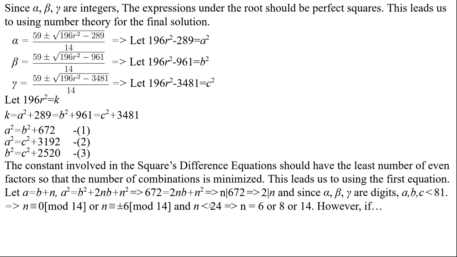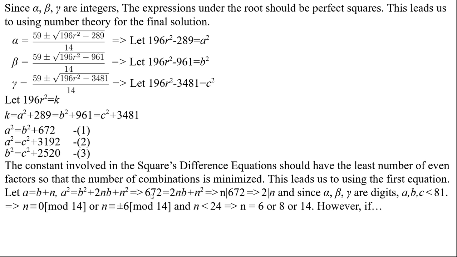Because if n is greater than 24, then you would have n squares greater than 672, but we wanted b to be a natural number, so it would not be possible. So we make it easier by saying n is lesser than 24, because either way 25 is not going to work, and 24 is also not going to work because it doesn't satisfy these.